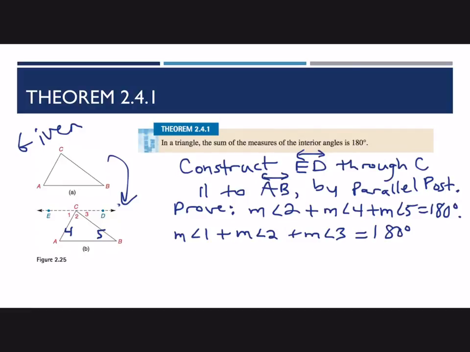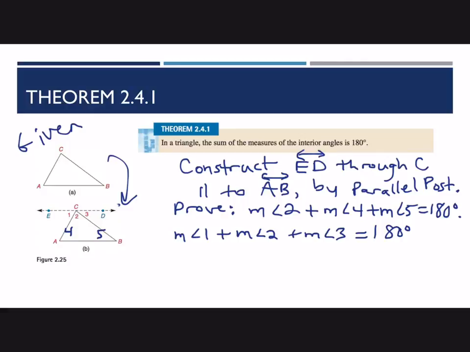There are a few steps before that, but basically those 3 angles are on line ED, so they're supplementary, or they add up to 180 degrees. And then from there, let's try to figure out how that relates to 4 and 5.